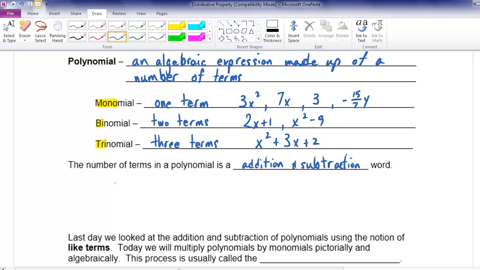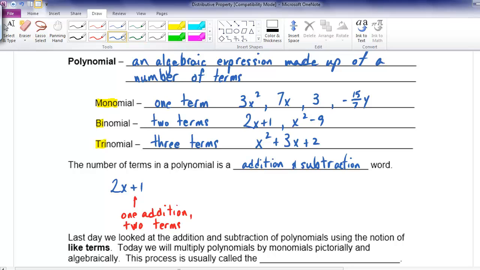So for example, in our binomial 2x plus 1, we have two terms. The reason we know there's two terms is there's one addition. Addition and subtraction separate the terms. So 2x is a single thing. It's superglued, if you want to think about it, by multiplication. So here's our one addition symbol, gives us two terms.